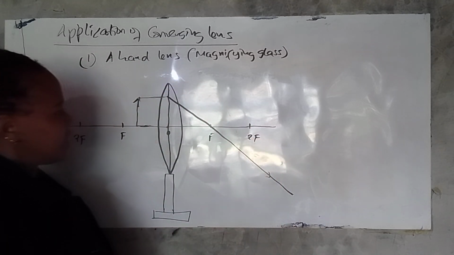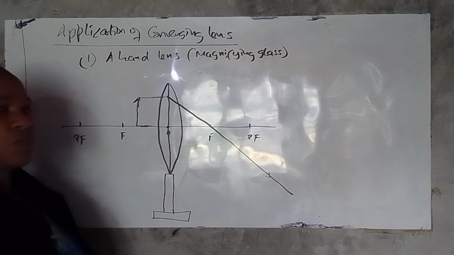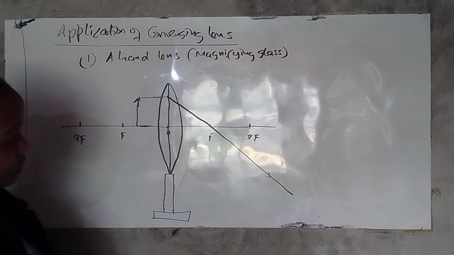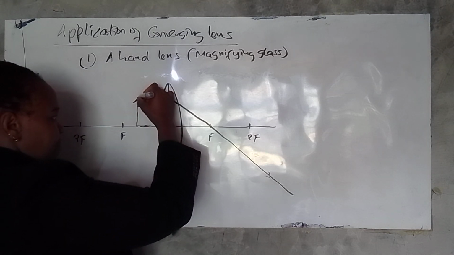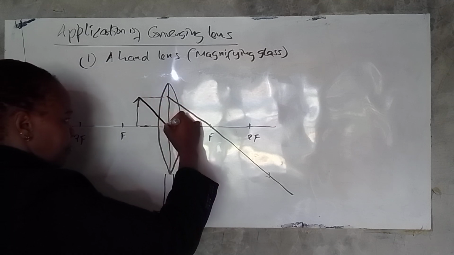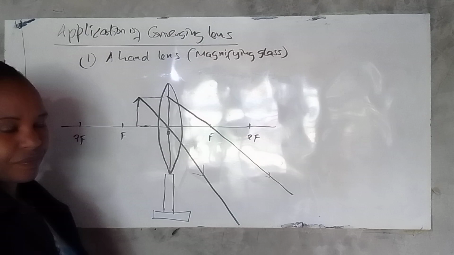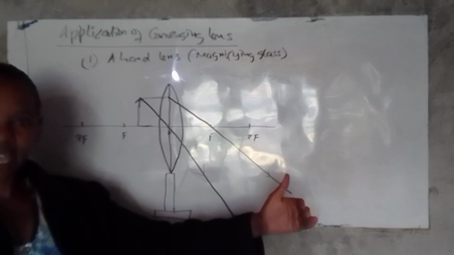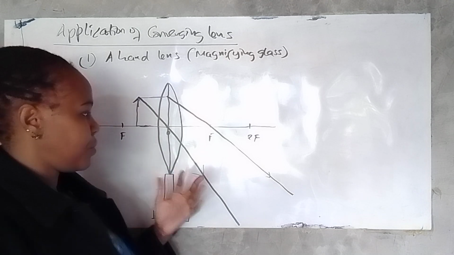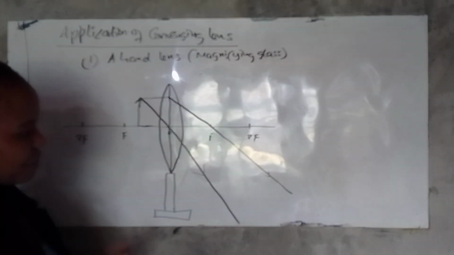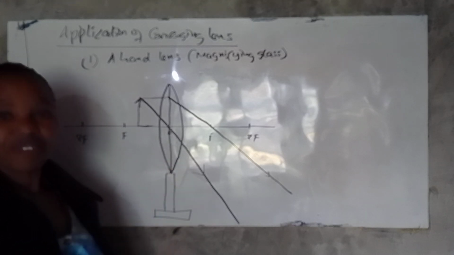The other ray coming from the tip of the object to pass through the optical center, that one we know by now should pass undeviated. So we have that. This we have in our ray diagrams lesson on image formation. I hope you understand. If you are not very familiar, go back to that lesson and refresh yourself.